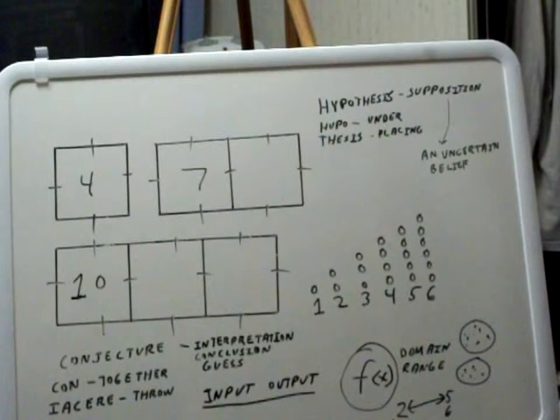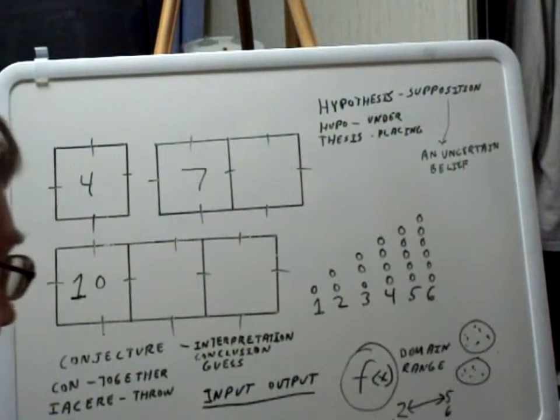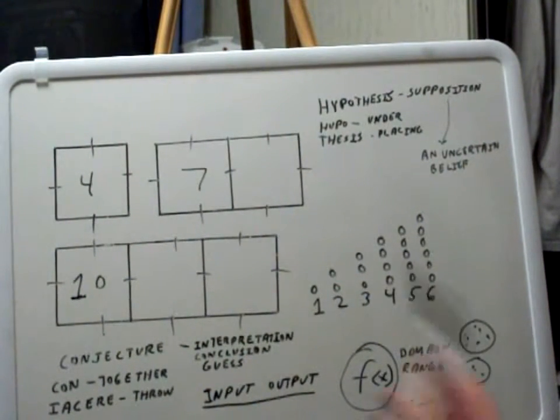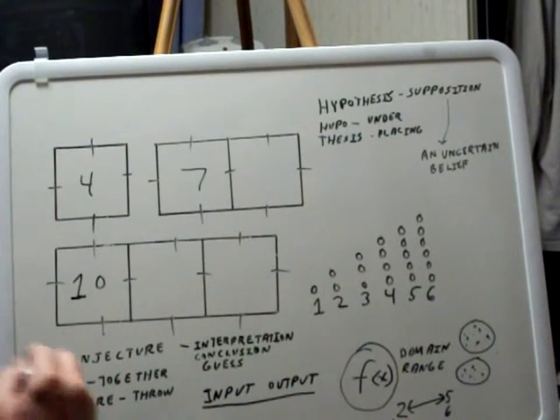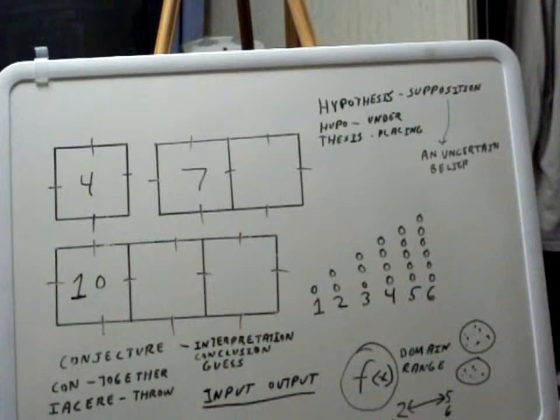As far as I can tell, I've pretty much covered everything in this particular video. If I missed something, let me know. In the meantime, as a conclusion, I'll say this is an ascending pattern. You form hypotheses in mathematics. You rarely ever form a conjecture.